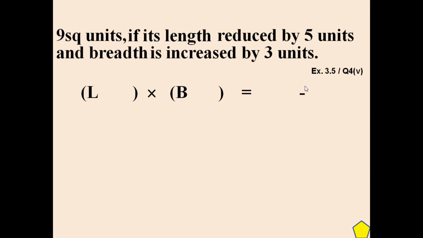So it is getting reduced by 9 square units. And when does that happen? If the length is reduced by 5, so there is an if condition. So the length is reduced by 5 and the area is getting reduced. So subtraction of 9 from what? The area of the rectangle.